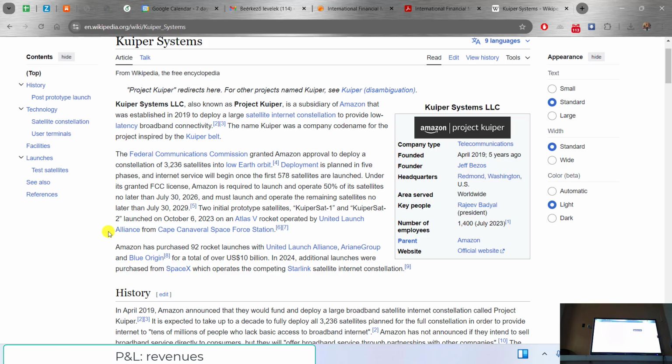So Jeff Bezos also funded Kuiper, and practically they would like to do the same thing: satellite internet with thousands of satellites in low Earth orbit. In this case, the lag in the movement of data will be minimal.